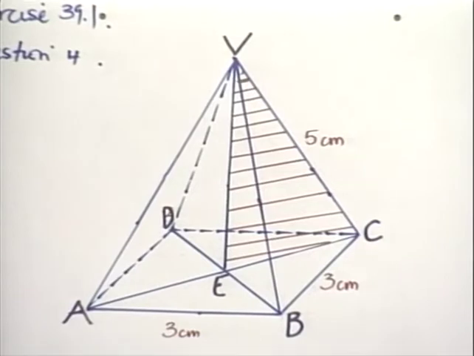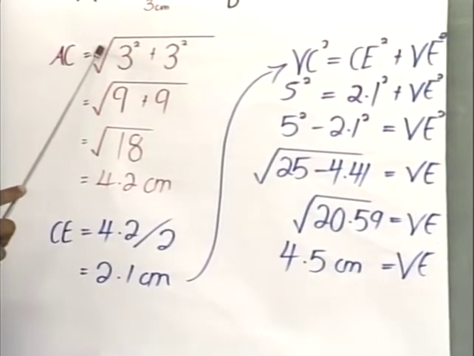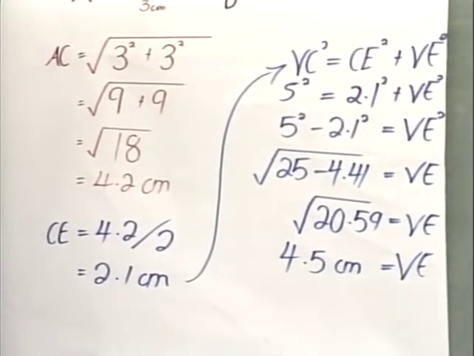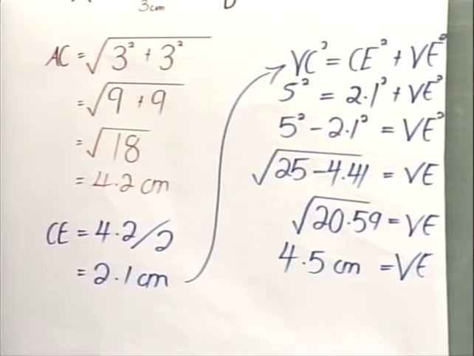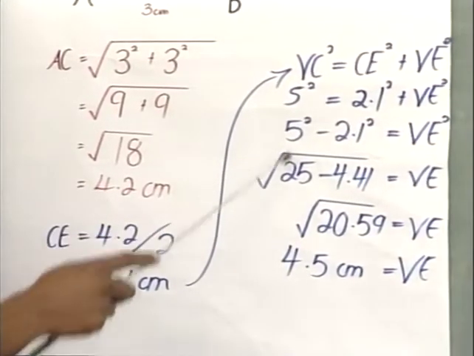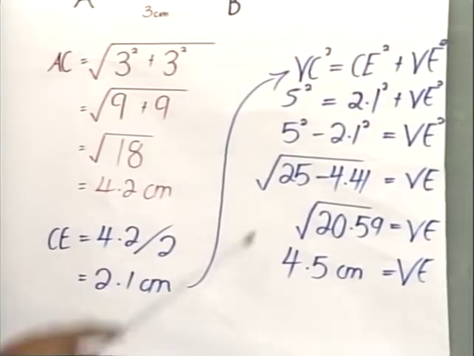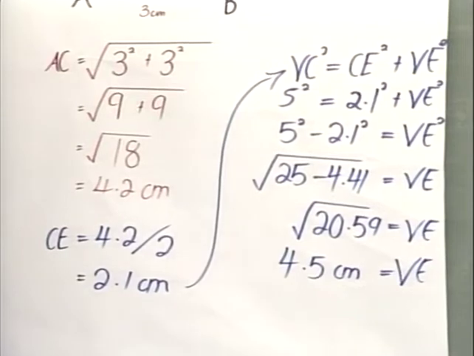So VC equals 5 squared, equals CE, which is 2.1 squared, plus VE squared. So 5 squared minus 2.1 squared, which is equal to root of 25 minus 4.41, equals root 20.59, which is equal to 4.5 centimeters. Good.